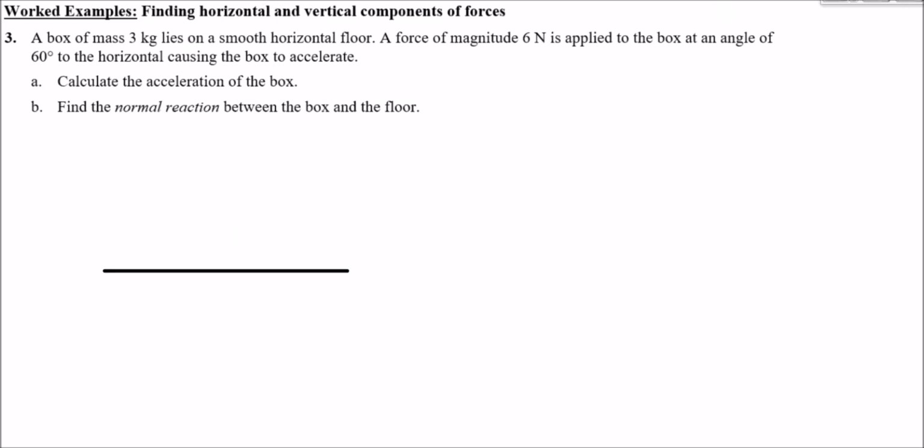The first thing I'd say to notice is we're told it's a smooth horizontal floor. This implies no friction. So there's going to be no resistive force due to friction unless one's mentioned in the question, which in this case it's not. So you can draw in the box.